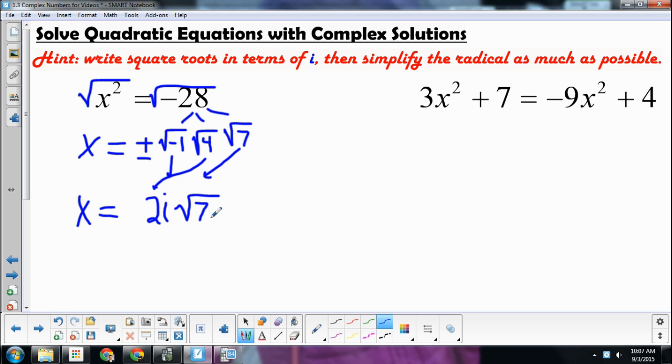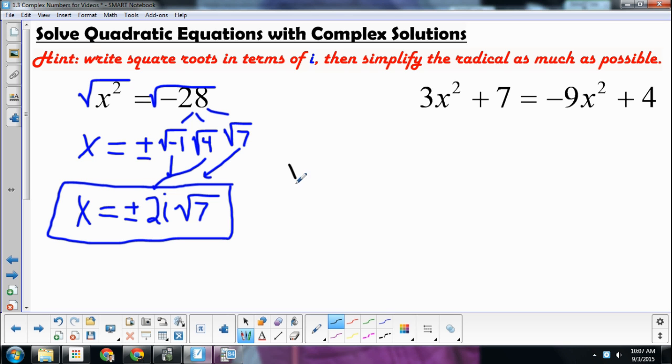And then remembering that this is a quadratic equation that needs two answers and that square roots have both positive and negative roots, I'll put a plus or minus in front of my answer. So plus or minus 2i times the square root of 7 would be the answer to this quadratic equation. To think about it, if you had the exact same equation where it was x squared equals positive 28, as you solve this by using square roots, you would have x is equal to plus or minus.